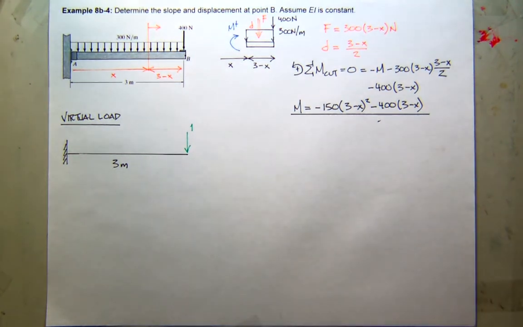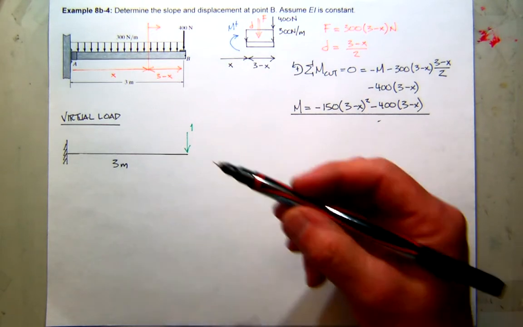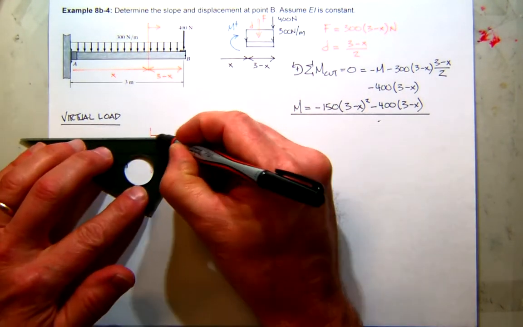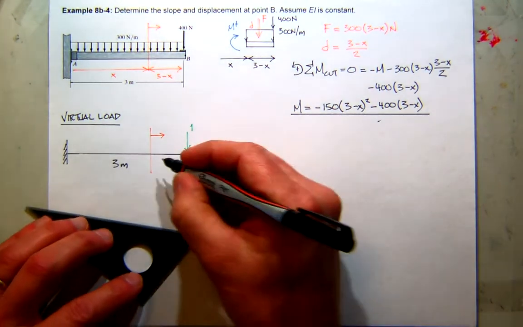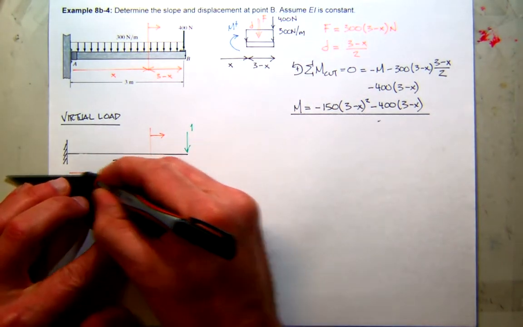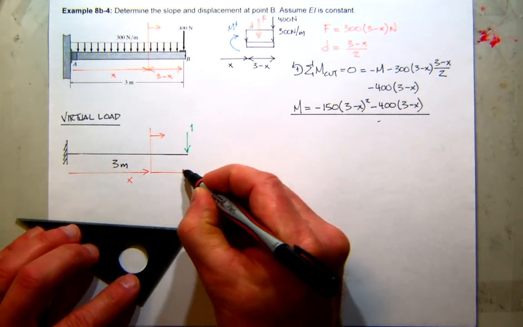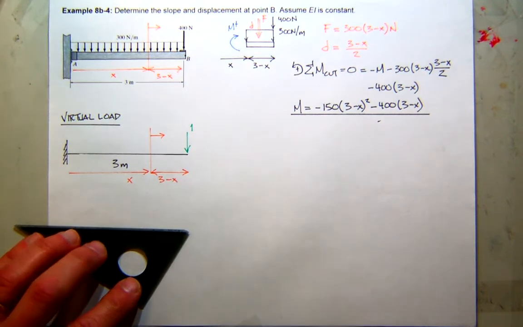So now if you look at this one, you'll notice right off that I can do the same strategy I did before. I can make a cut. I can look at the right side at a distance x. Then this little segment part would also be 3 minus x.